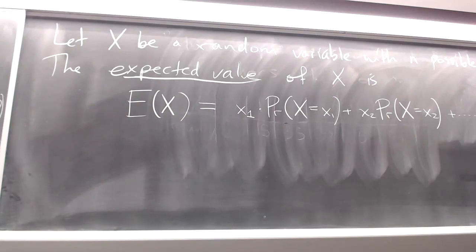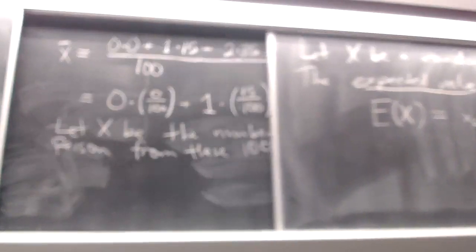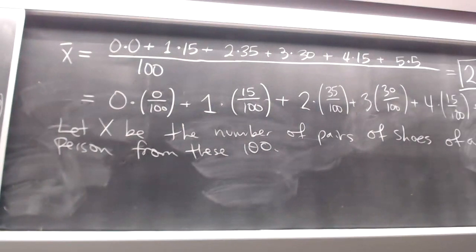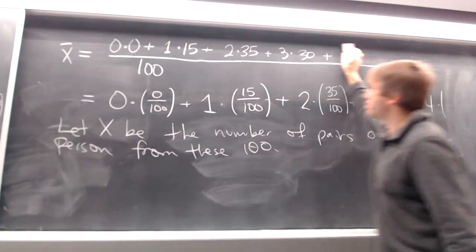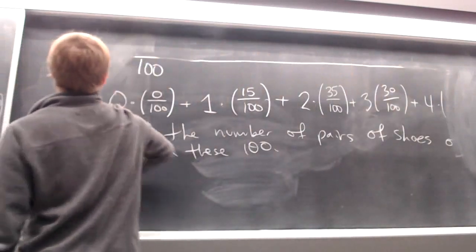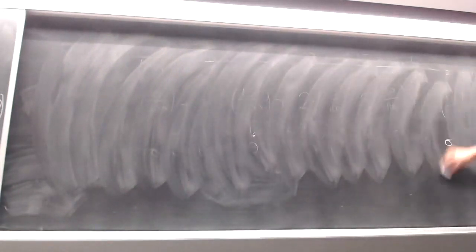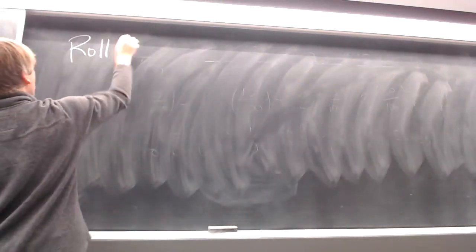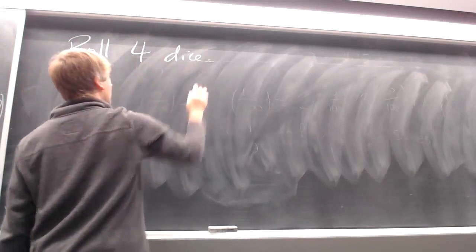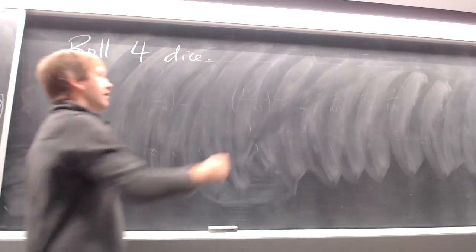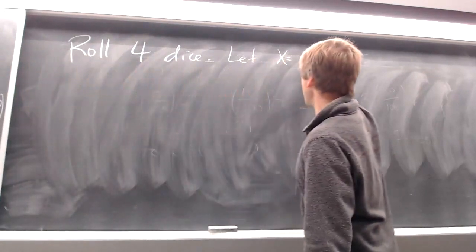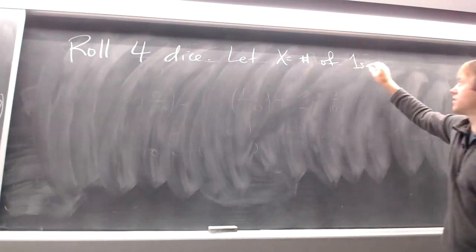Let's do an example to see how to compute this. So let's say we roll 4 dice. And let's say that x is the number of ones rolled.